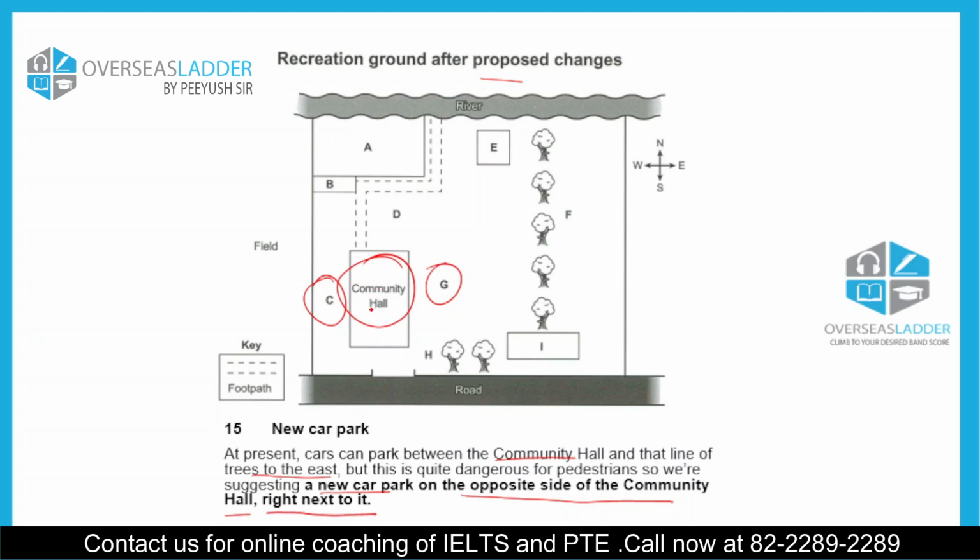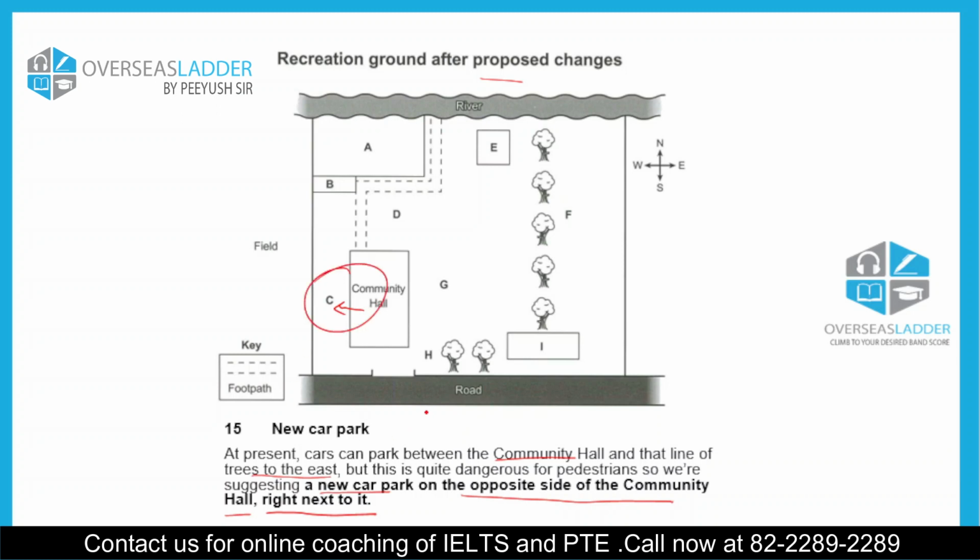So right next to it means something which is very close, right? If we compare C and G, you can see that C is more near. The C is right next to it.